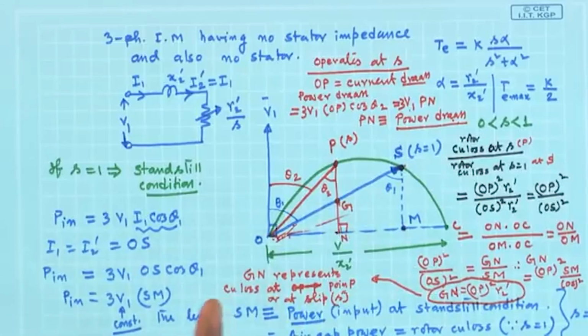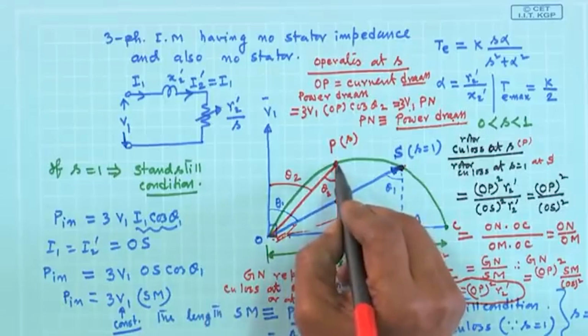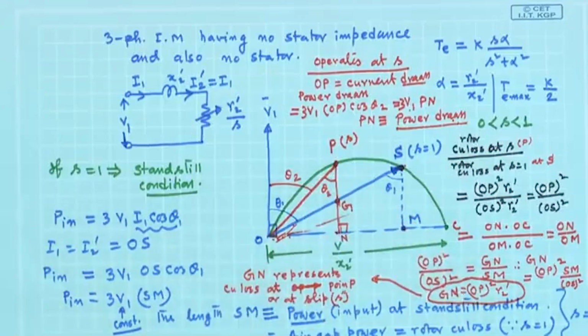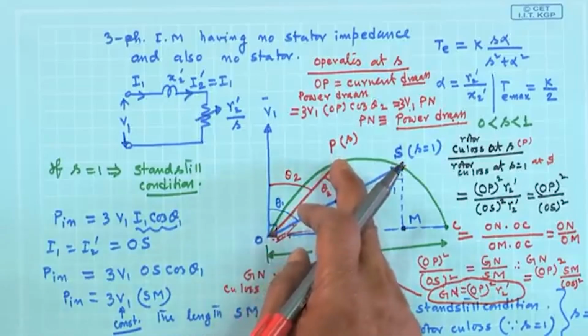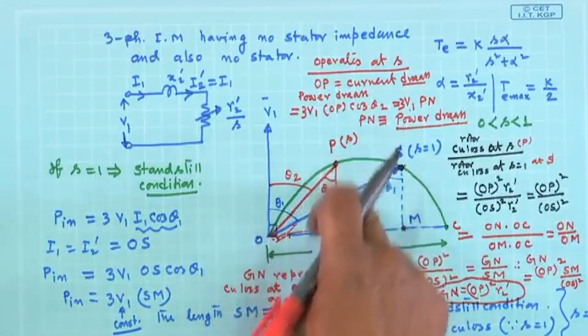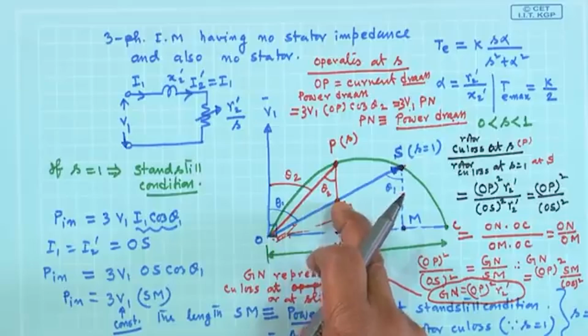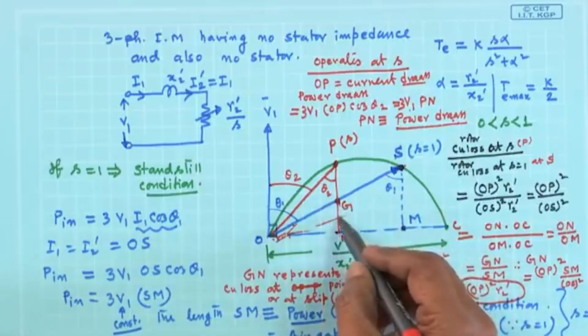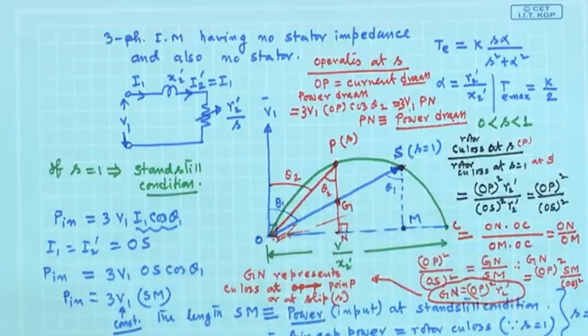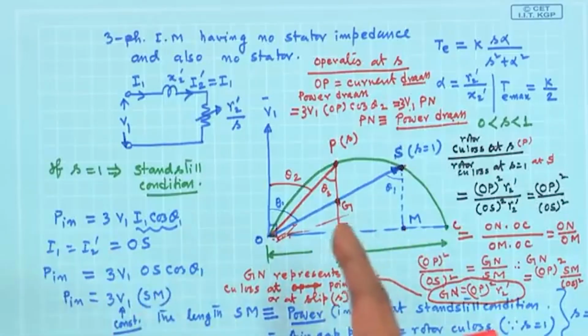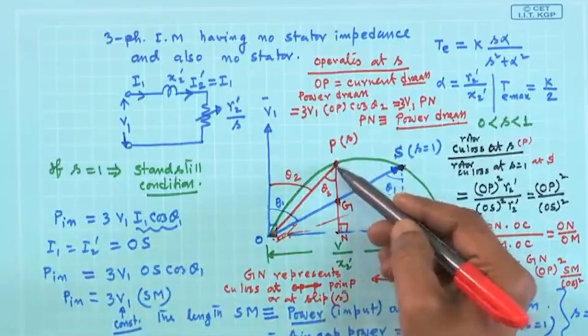Therefore, I must conclude that the length PG gives me the gross mechanical power output. That is, when it is operating at any slip S, drop a perpendicular, it cuts here, and this represents rotor copper loss, and the total power drawn from the supply is represented by PN.